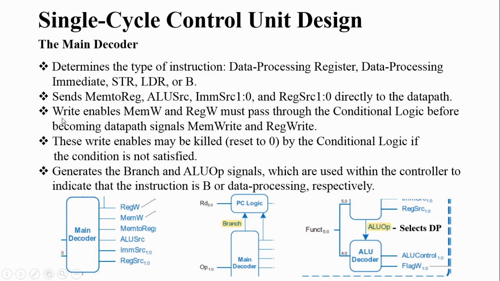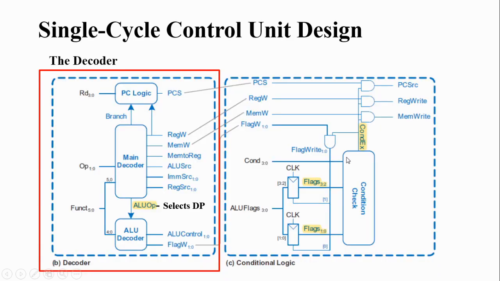Then it also enables the write enables, such as memory write and register write, and these will be passed through the conditional logic, becoming the data path signals memory write and register write. You can see the register write and memory write are connected to the conditional logic, and if the condition is satisfied based on the condition field in the instruction, they will be connected to register write or memory write.